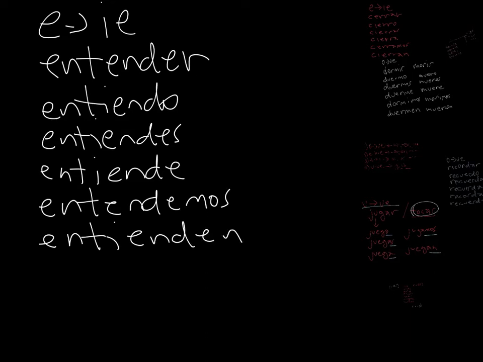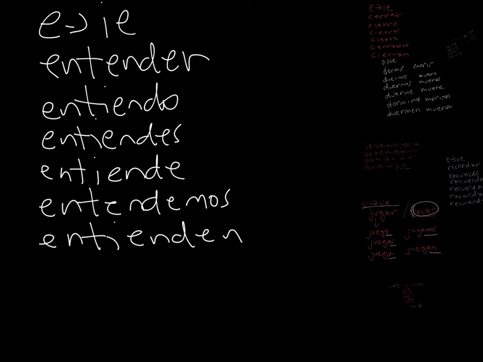Right? So what we did is the stem change for entender, E to IE, is going to happen on the second to last syllable. So it becomes entiendo, entiendes, entiende, entendemos, because nosotros never has a stem change, and then entienden. This is an I. Entienden. Okay?